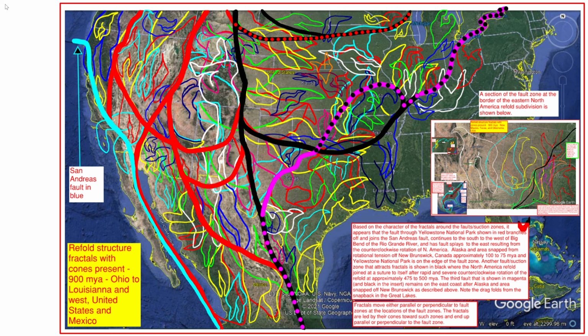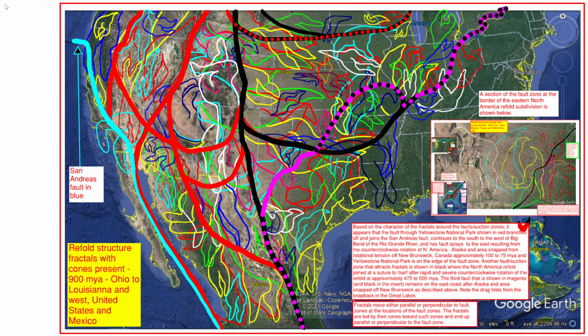Okay, this one here. Based on the character of the fractals around the fault's suction zones, it appears that the fault through Yellowstone National Park, shown in red, branches off and joins the San Andreas Fault, which is in blue, continues to the south, to the west of Big Bend of the Rio Grande River, and has fault splays to the east, resulting from the counterclockwise rotation of North America.